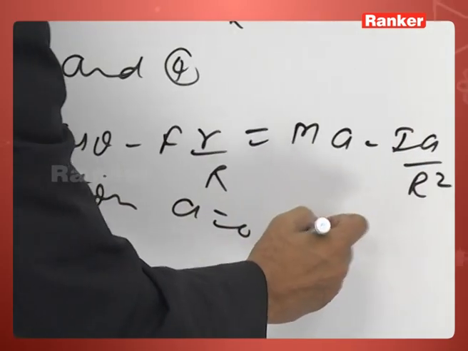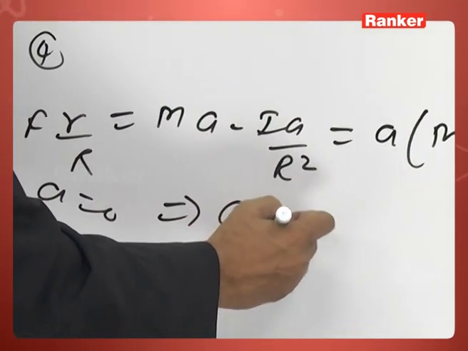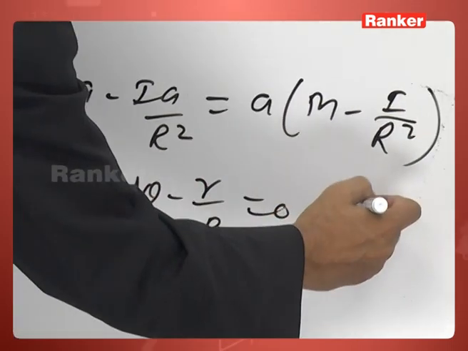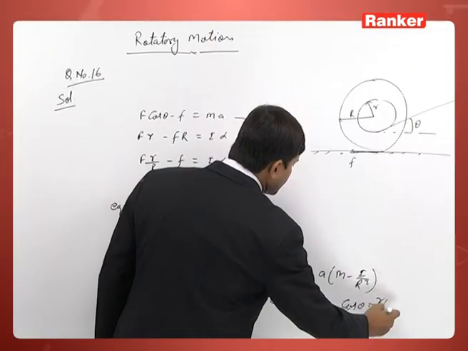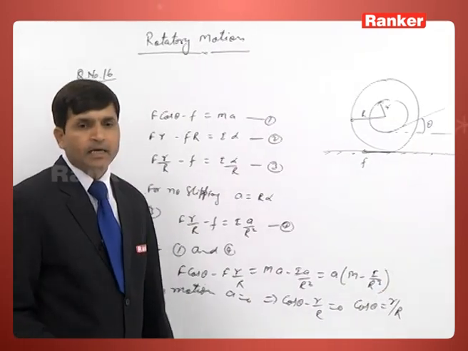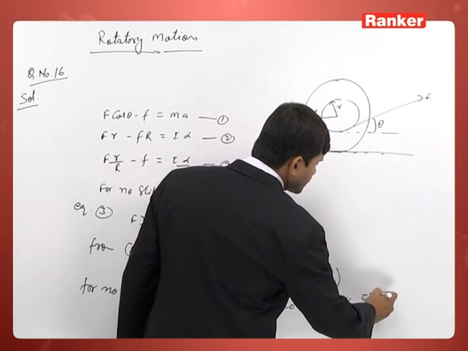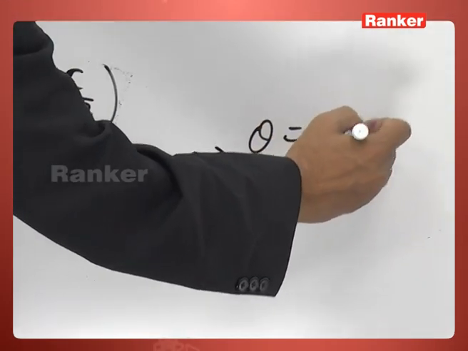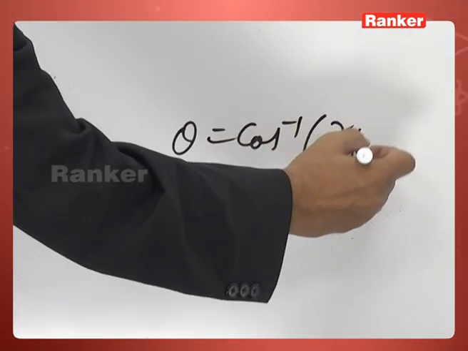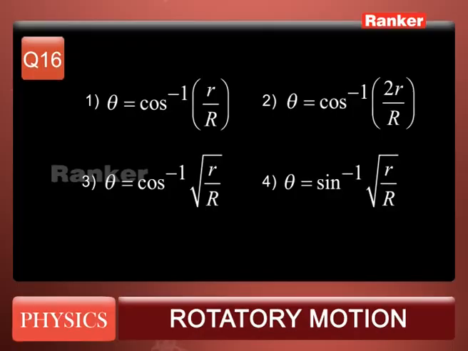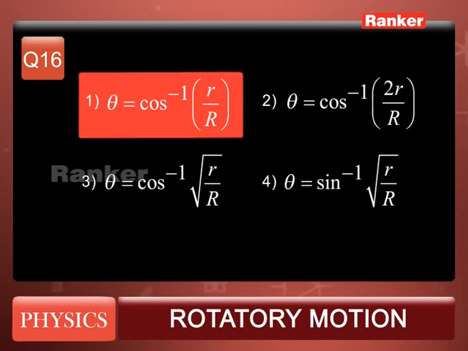If a is 0, then cos theta minus r by R will be 0. So cos theta is equal to r by R. So theta value we can get as cos inverse r by R. So our answer is option number 1, the correct option.